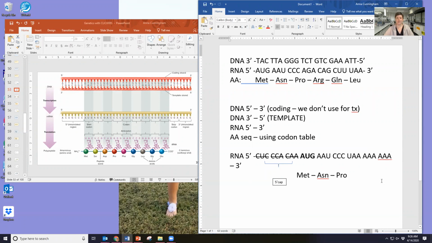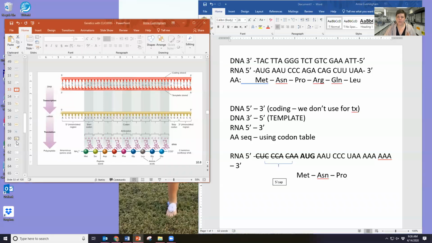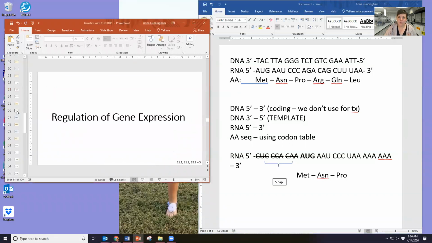So you'll always have on the end here a stop codon and then an untranslated region in the PowerPoint, but that untranslated region will sometimes have other nucleotides in it as well. It's called a poly A tail because mostly it has a ton of A's.